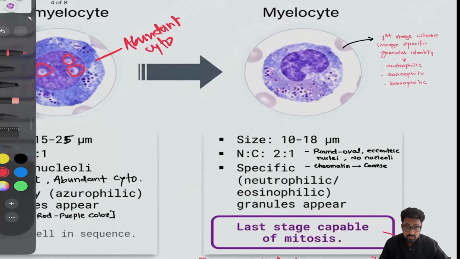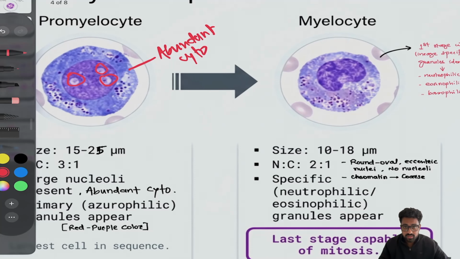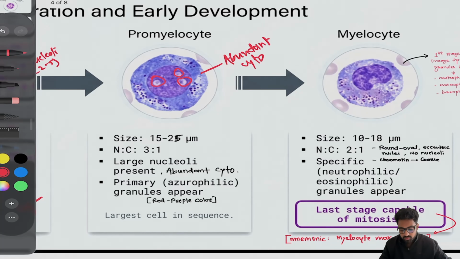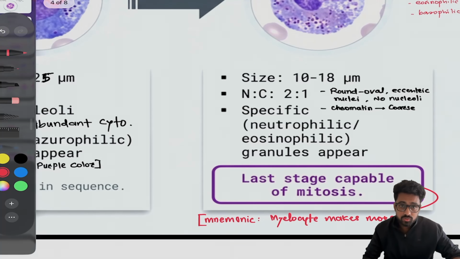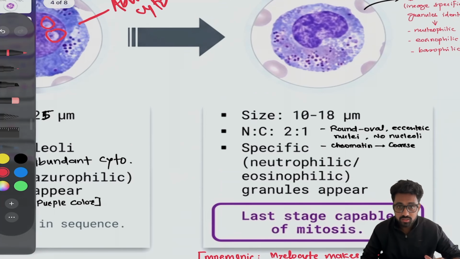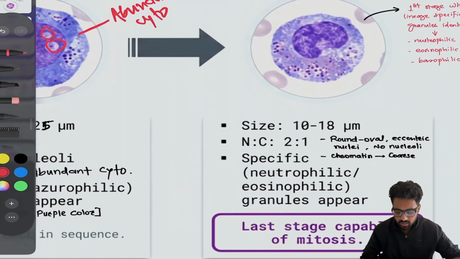Next cell is our myelocyte. Myelocyte is of size 10 to 18 micrometer. NC ratio is approximately 2:1, and it is a round to oval cell, as you can see in the image, with an eccentric nucleus, away from the center towards the periphery.